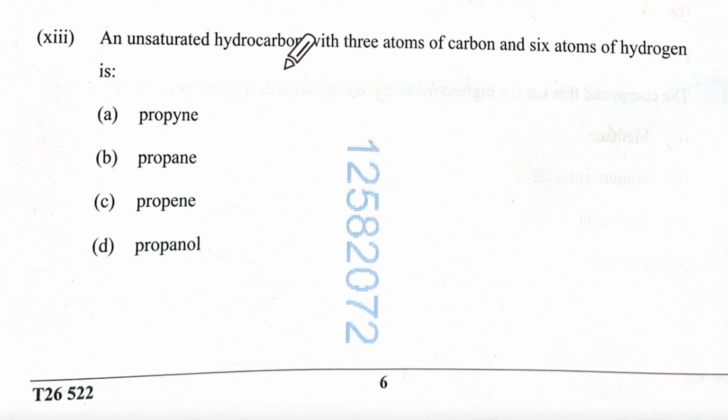An unsaturated hydrocarbon with 3 atoms of carbon and 6 atoms of hydrogen. So we have C3H6, which is CnH2n, which means it is an alkene. It is unsaturated. So CnH2n is correct, alkene is correct.